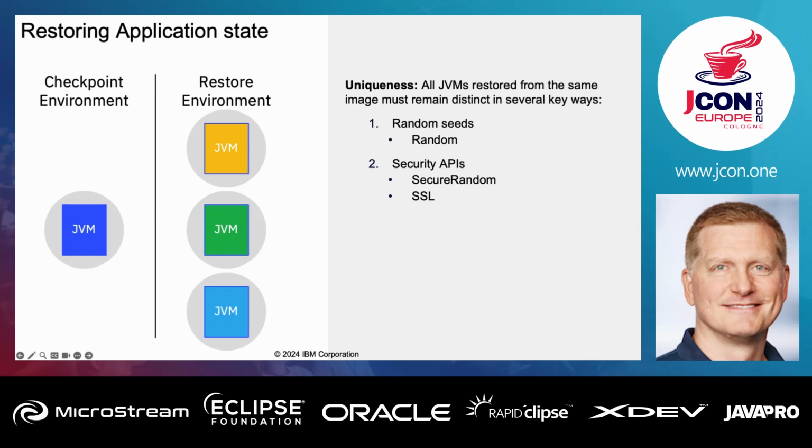There's another aspect to this which is interesting, which is sometimes you really, really need the restored processes to be unique, even though you're trying to ship the same checkpoint everywhere. A great example of this is random number streams.